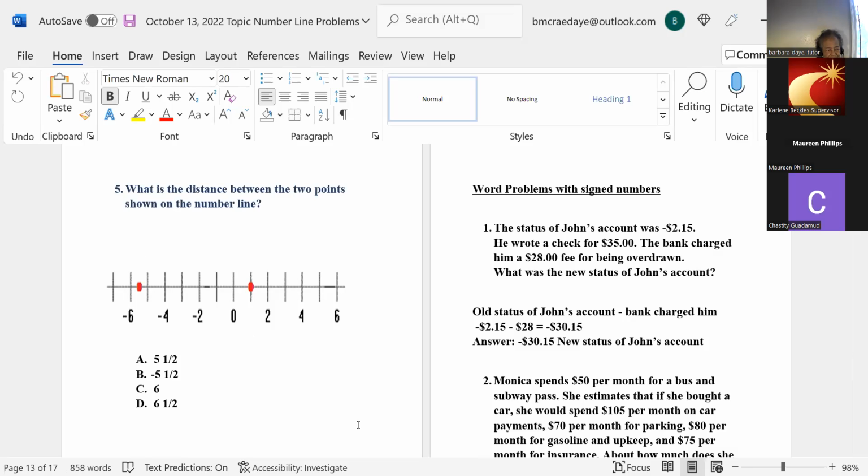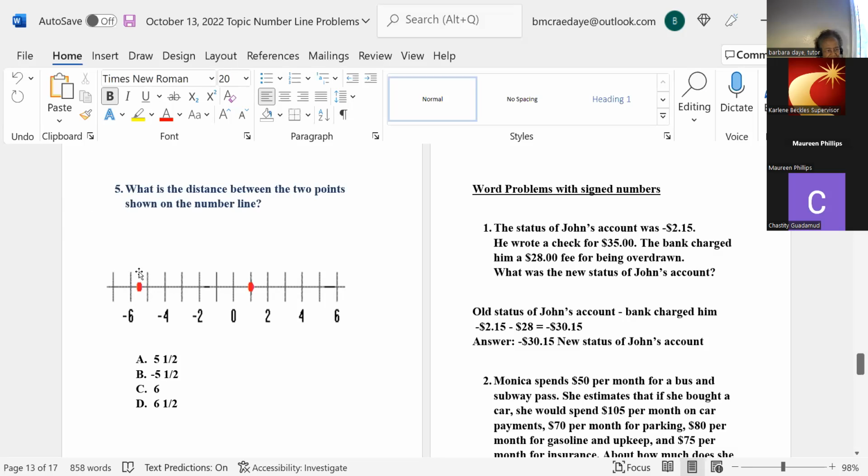What is that value right there? This value right here on the left side.